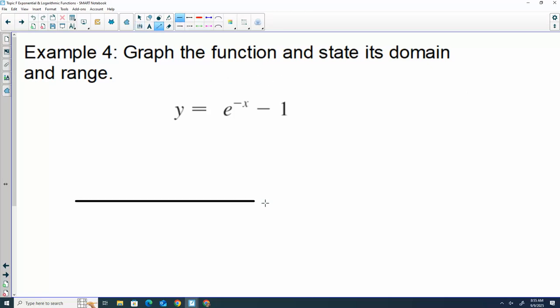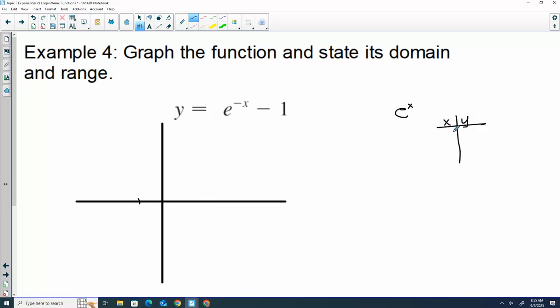So as a refresher from yesterday, what would my parent function be? e to the x. Okay, so if I put in -1, 0, and 1, remember that was what we did on our t-chart. If you type in e to the -1 on your calculator, since it's not a nice number, what do you guys get? 0.3678 or 0.3679.